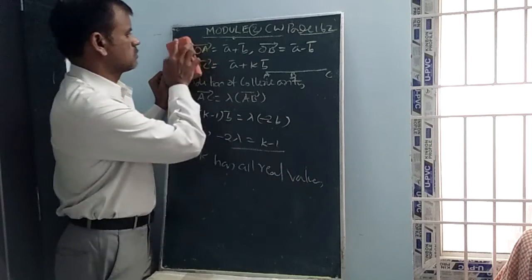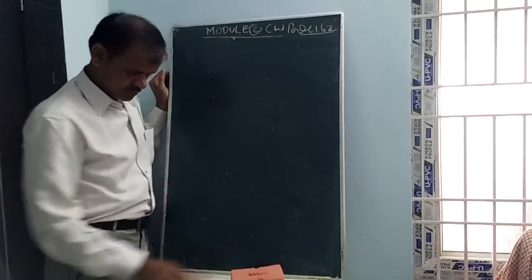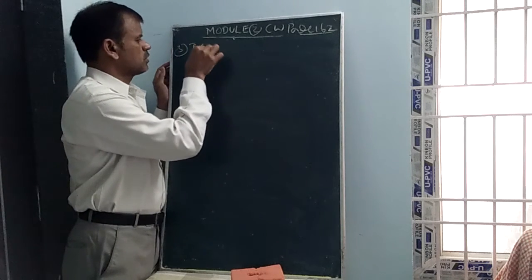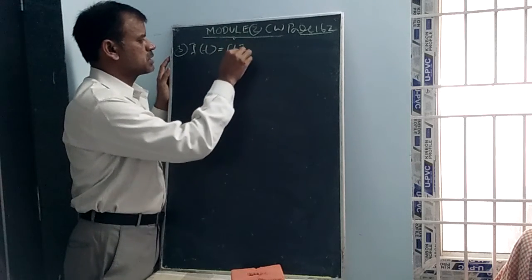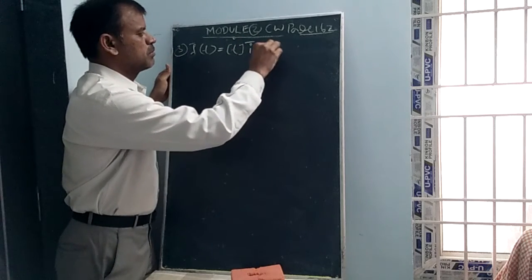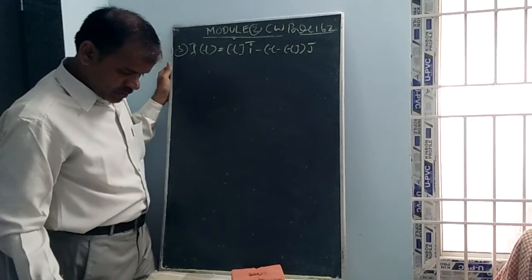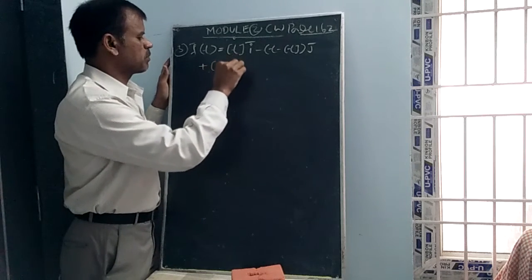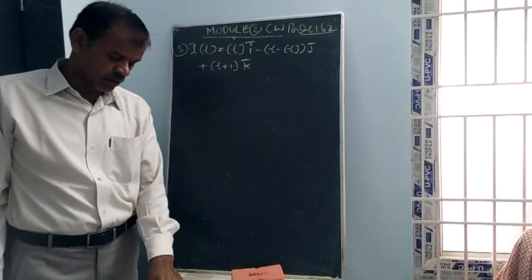Now, third question. F bar of t is equal to step t into i bar minus (t minus step t) into j bar plus (step of t plus 1) into k bar, be a vector.